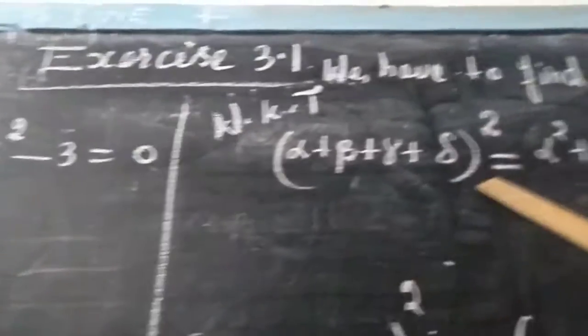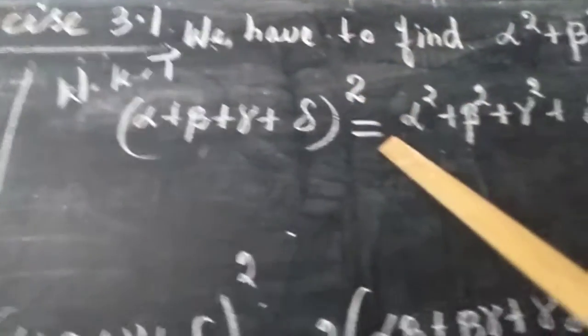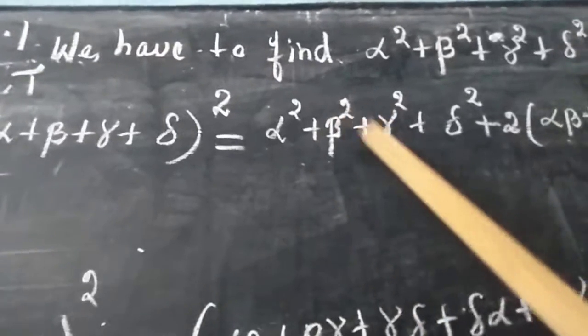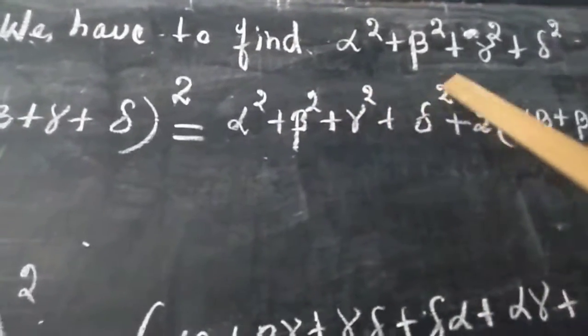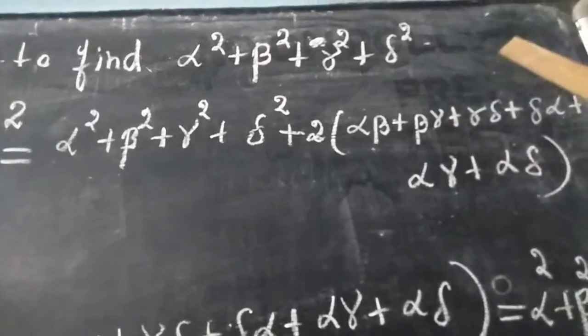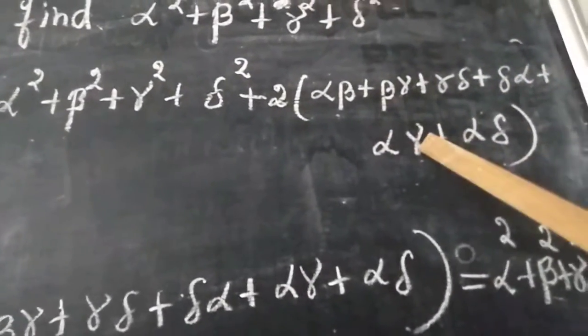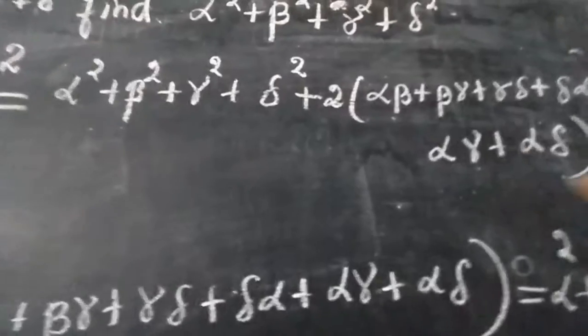So here I have taken (alpha plus beta plus gamma plus delta) the whole square is equal to alpha square plus beta square plus gamma square plus delta square plus 2 into (alpha beta plus beta gamma plus gamma delta plus delta alpha plus alpha gamma plus alpha delta), and this is the formula.